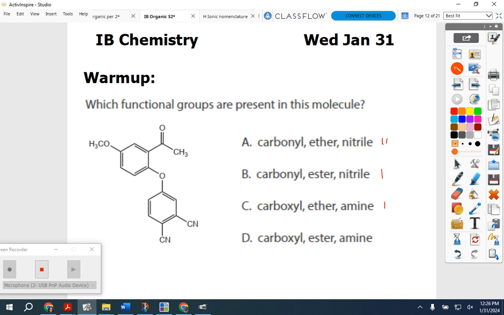Anyone else? Any other votes for B? Any other votes for C? Okay. Anyone else want to weigh in with their guess?